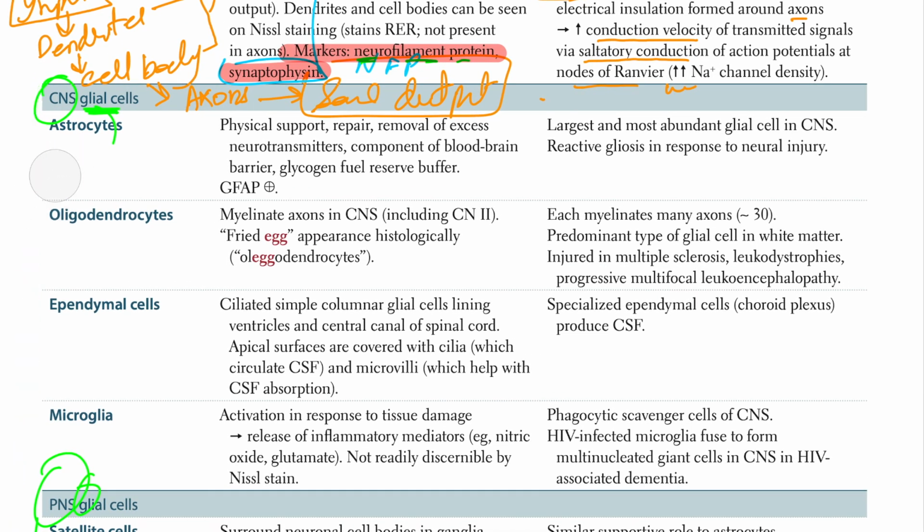So in the CNS, first of all, we have the astrocytes. Well, astrocytes, they provide support, but what type of support do they provide? They provide physical support.